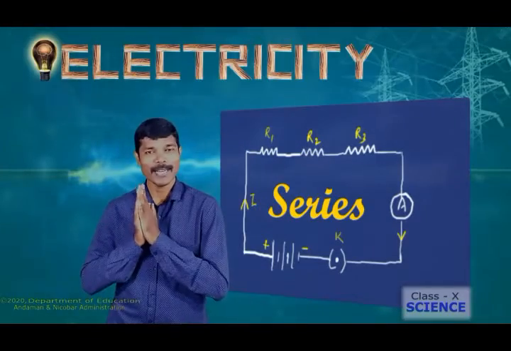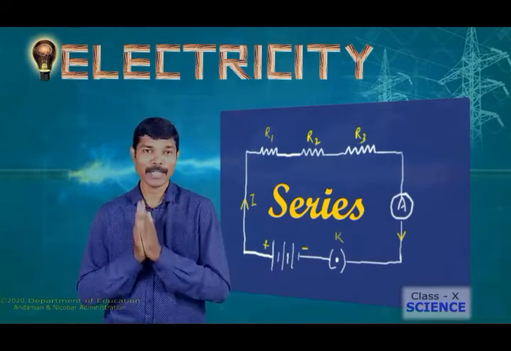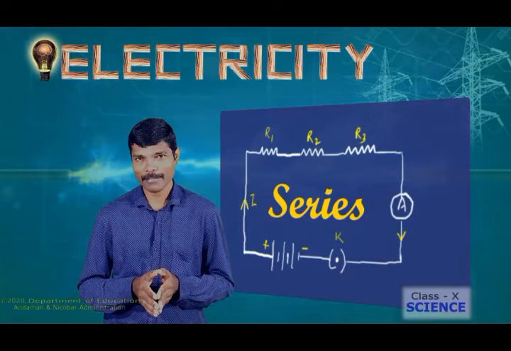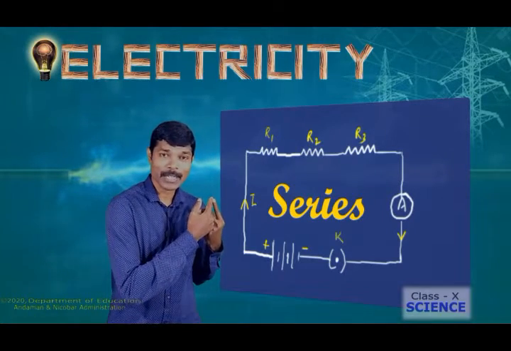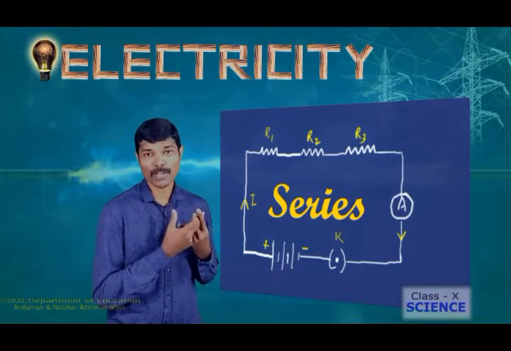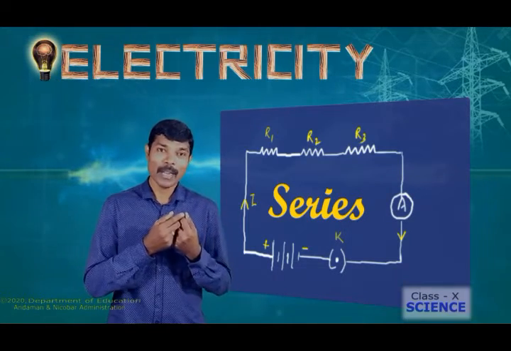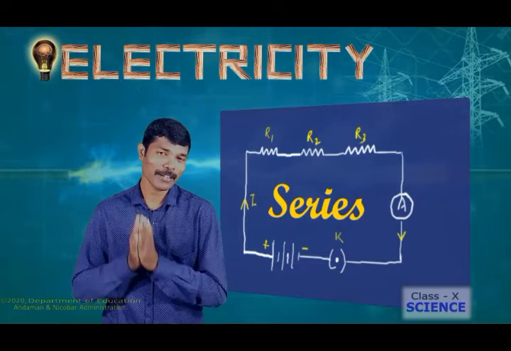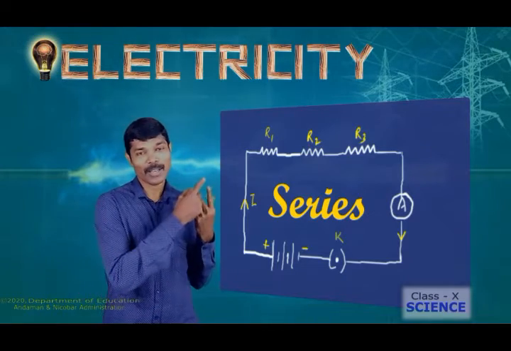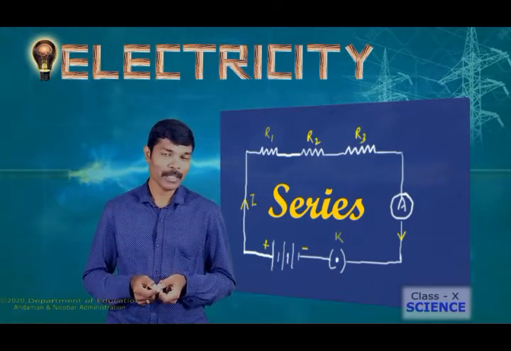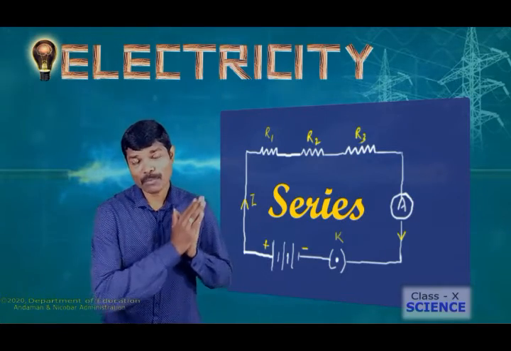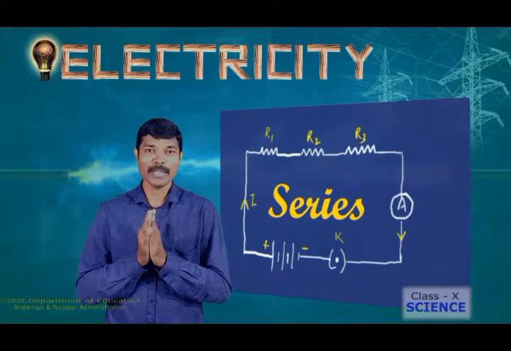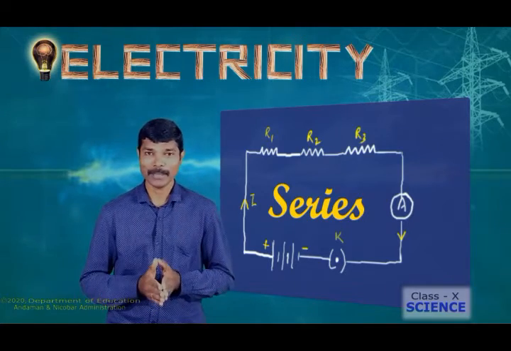We have learned that electric charges will flow in a circuit only due to applied potential difference. When potential difference is applied, then the electric charges or so-called electrons will move from the negative terminal, and an equal amount of electrons will reach the other end, that is the positive terminal. So the amount of charges that start moving from one terminal will end up in the other terminal, right?